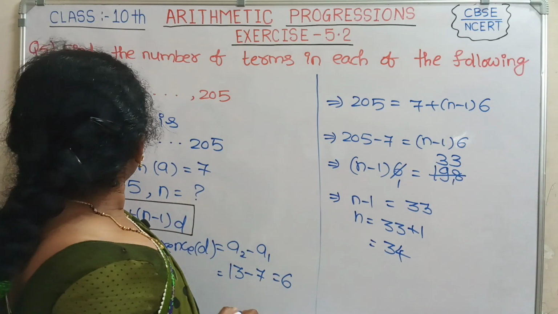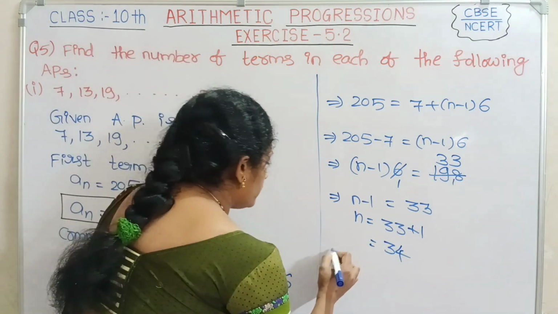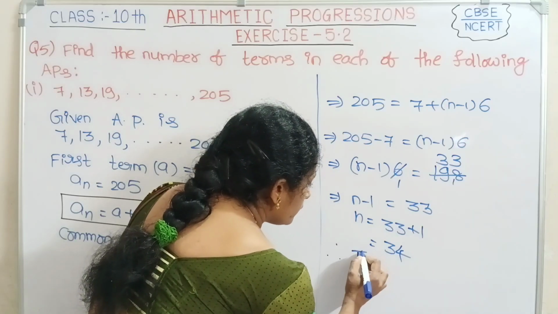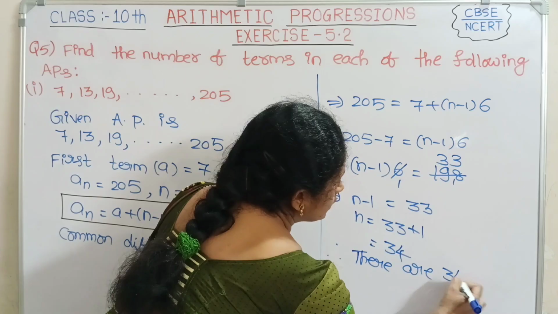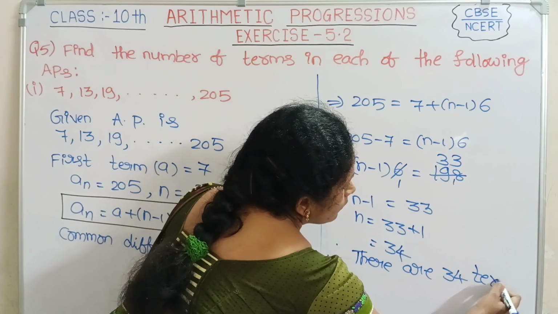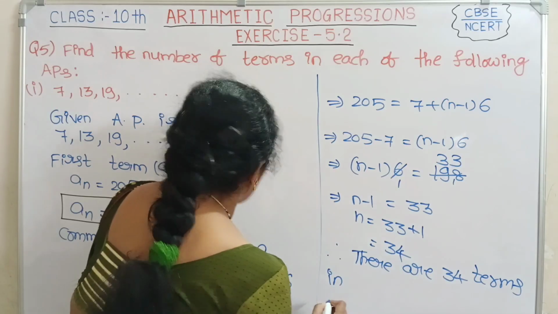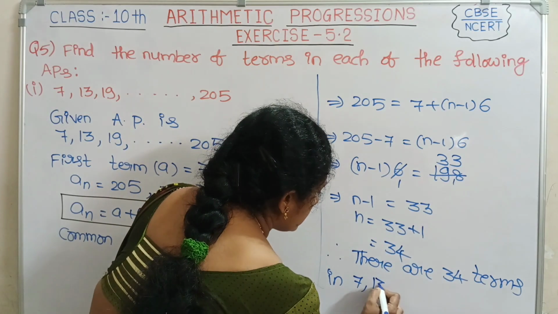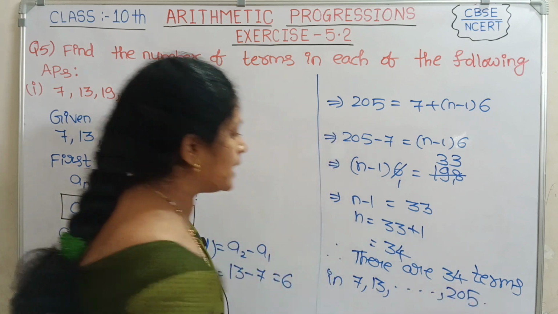Therefore, in the given AP, there are 34 terms in 7, 13 and so on till 205.